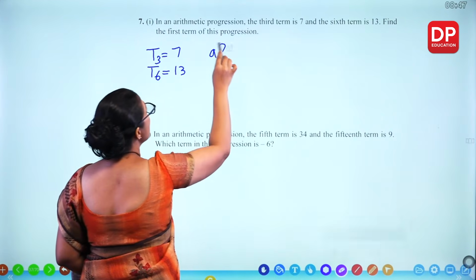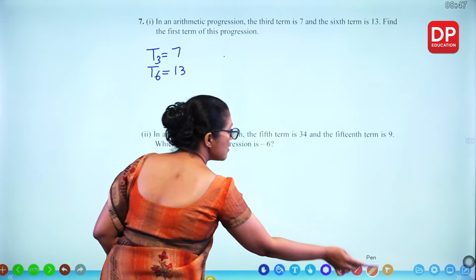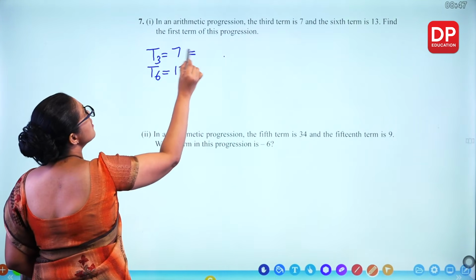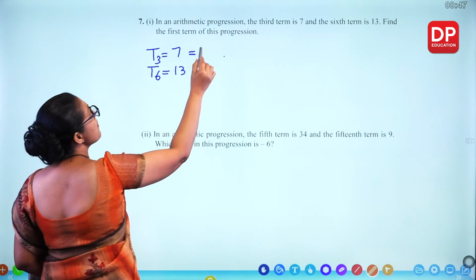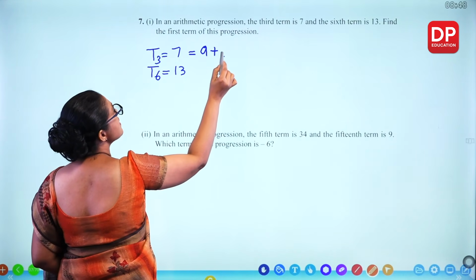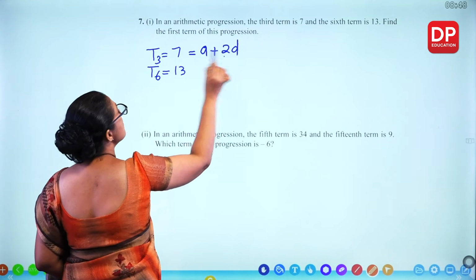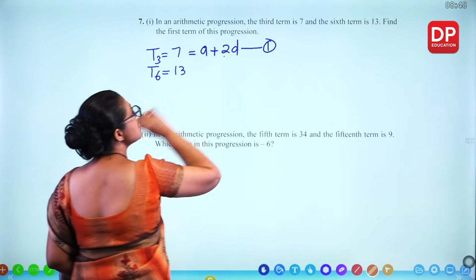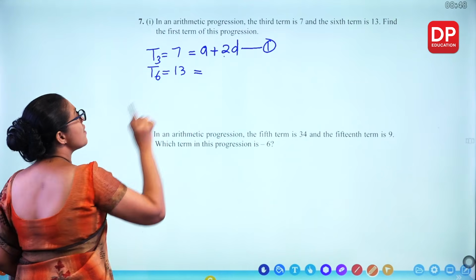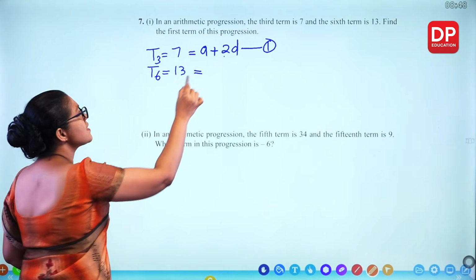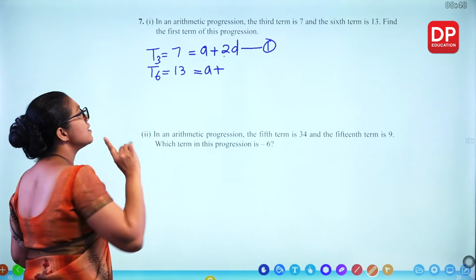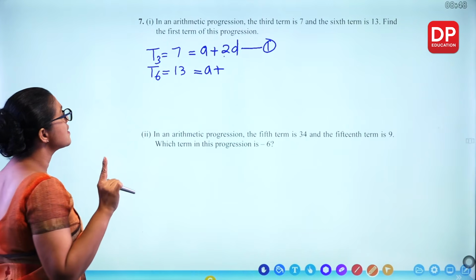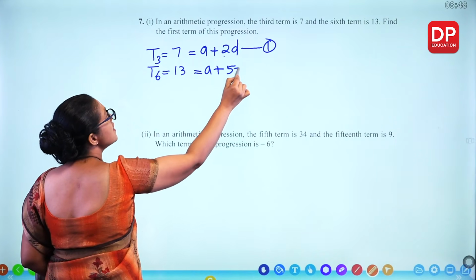We'll write 2 equations and solve. What is the third term? First term plus 2d, because 3 minus 1 is 2d, that's 7. So your first equation is that. How can you write the sixth term? First term plus (n minus 1), 6 minus 1 is 5d.